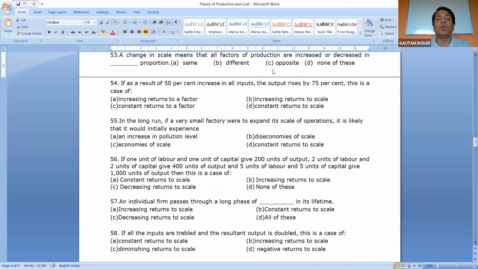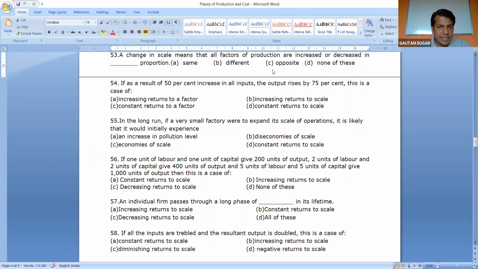Economies are basically the advantages, benefits of the scale of production. So initially when we're expanding all the inputs, we start getting economies of scale. At a much later stage, after a lot of expansion has taken place, we may start experiencing diseconomies of scale, or disadvantages or demerits.